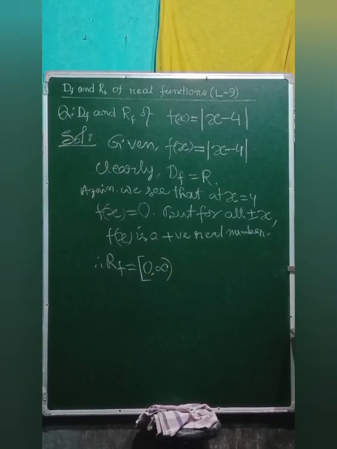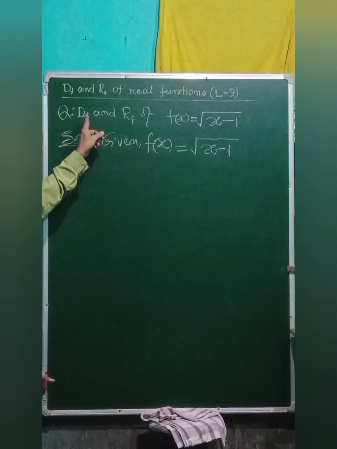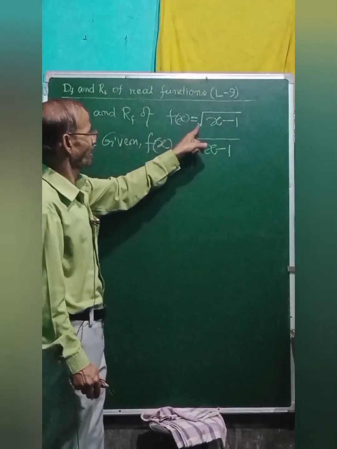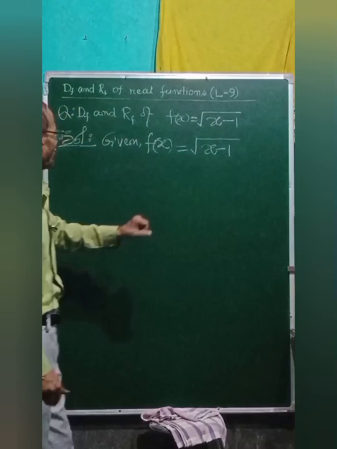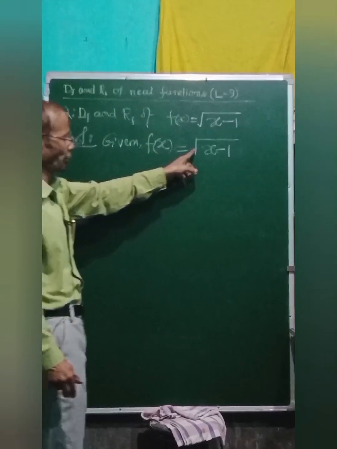This time, find Df and Rf of the real function f(x) = root over x minus 1. Solution: given f(x) = root over (x minus 1).